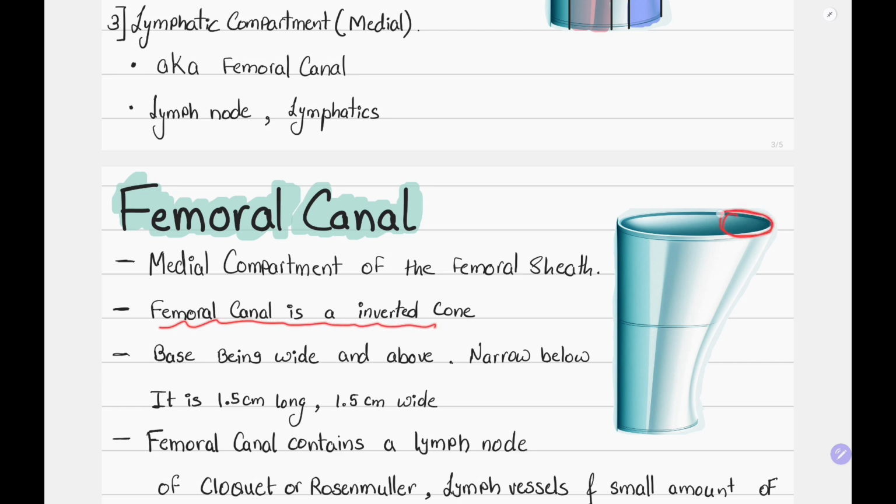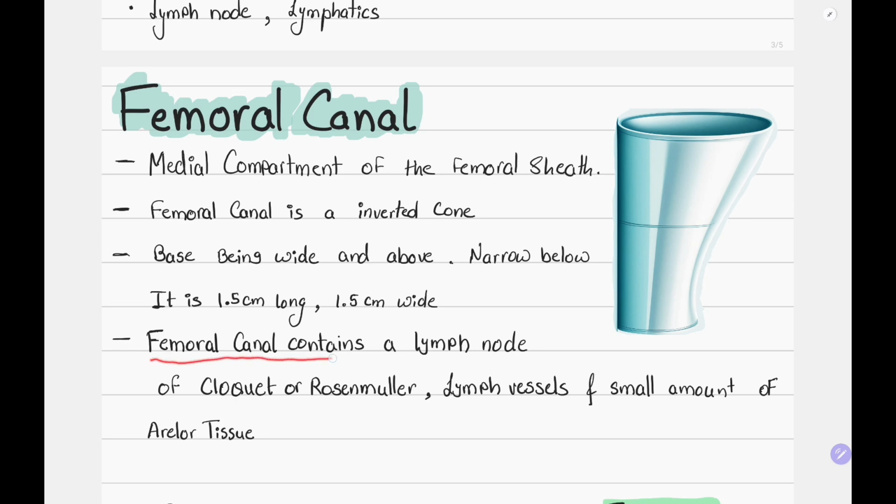Base being wide and above, facing upwards, narrow below. It is 1.5 centimeter long and 1.5 centimeter wide.